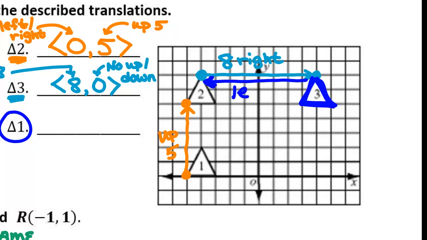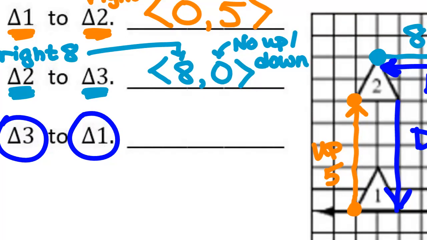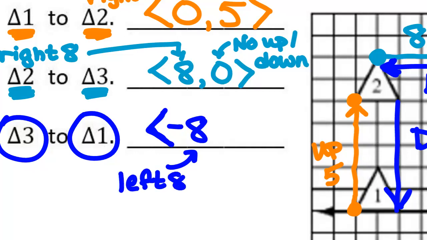I would have to go left 8, and then I would have to go down 5. That's the reverse of what we just said. But in my angle brackets, since I have to move to the left, that is a negative 8. And then I have to move down 5. So that would be a negative 5.